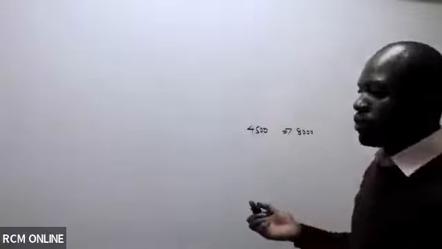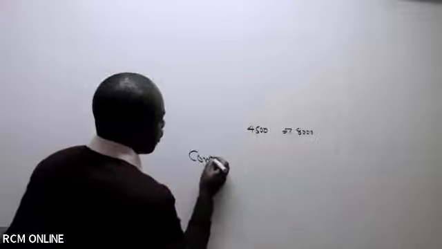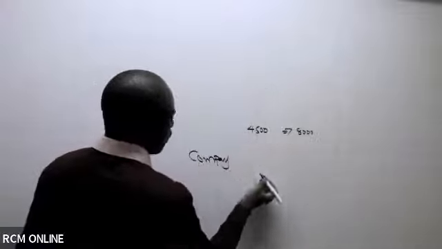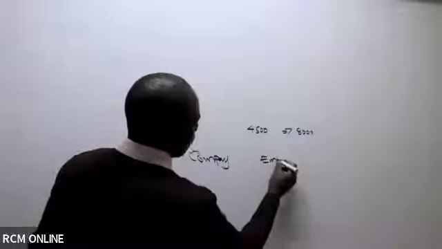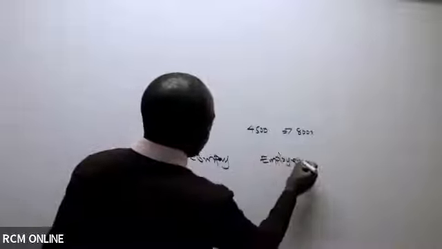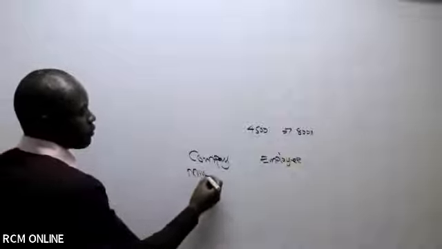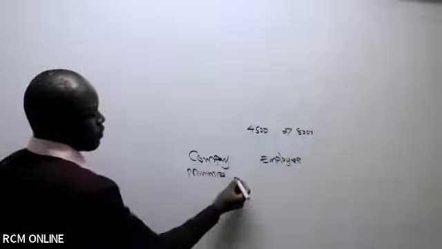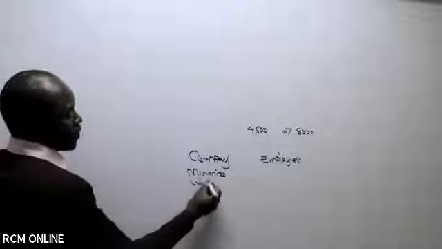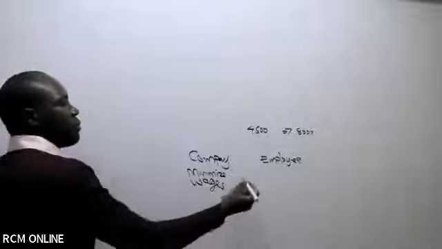Now, number 2, as a company, we have 2 parties here, the company and the employee. Number 1, the company will be interested in minimizing wages or salaries, right? Then the employee on their side will be trying to do what?